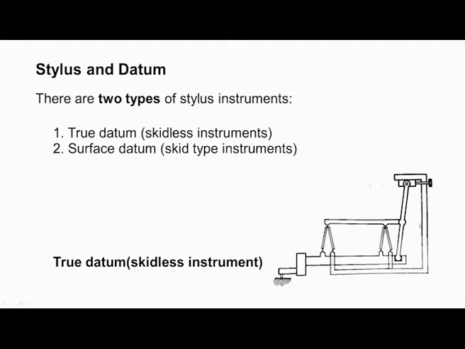Now, this picture shows a true datum or skidless instrument. You can see the probe which is moved on the surface, and the datum is provided by the instrument, external to the surface. So, the datum is not obtained from the surface itself, it is provided outside. That is known as a skidless instrument or true datum instrument.